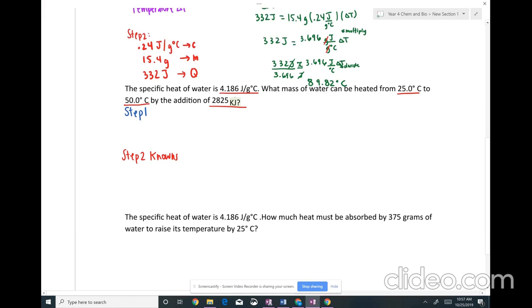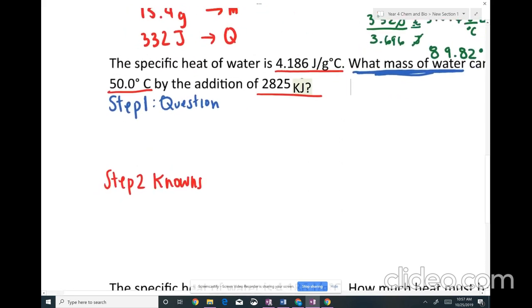So for step 1, this is the question, or what they're asking us. They're asking what is the mass of water.